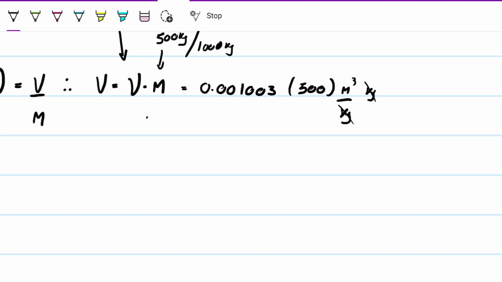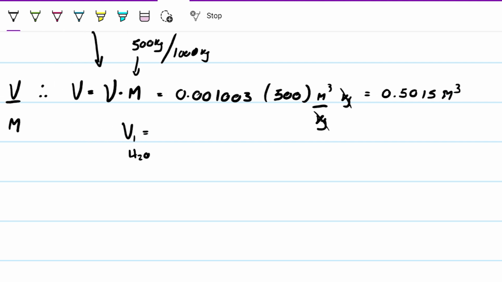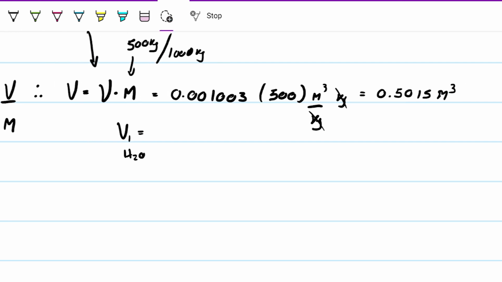So the volume of water in state 1 ends up being 0.5015 meters cubed.